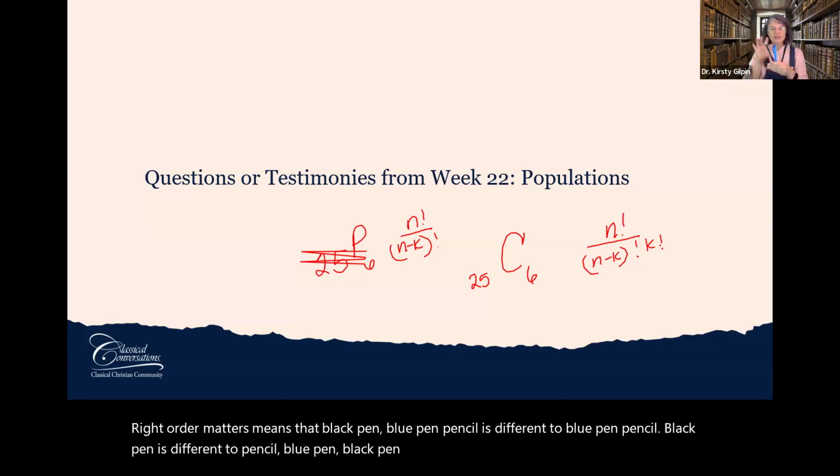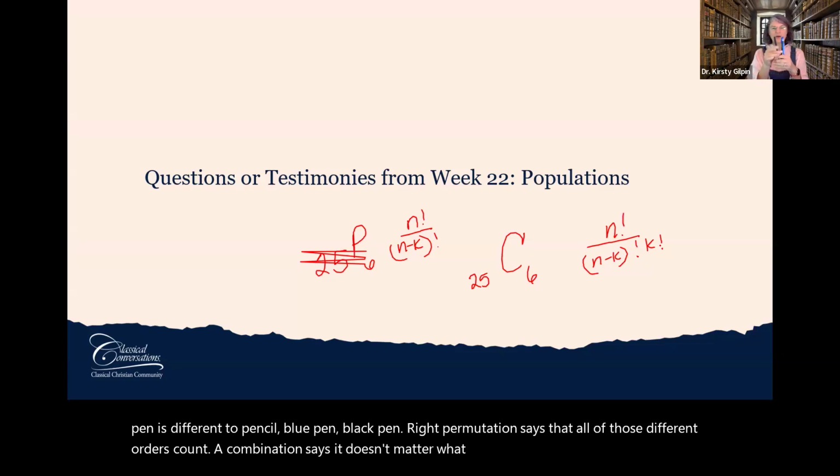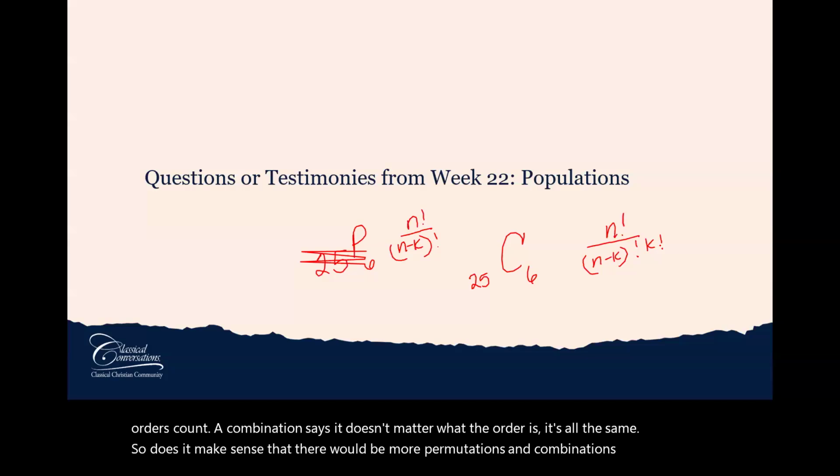Permutation says that all of those different orders count. A combination says it doesn't matter what the order is, it's all the same. So does it make sense that there would be more permutations than combinations? Yes, right.